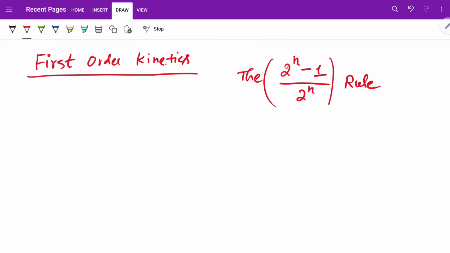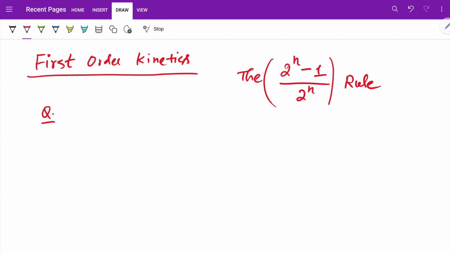Now let us apply this method to calculate any half-life, means for any reaction if we have to calculate the half-life. So like first question I can take the simple one.